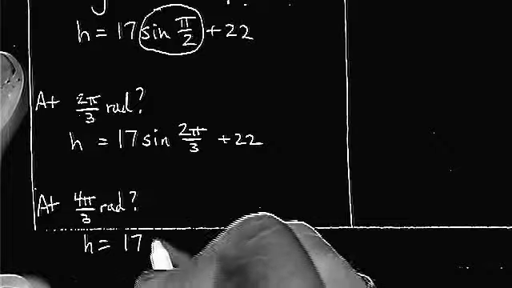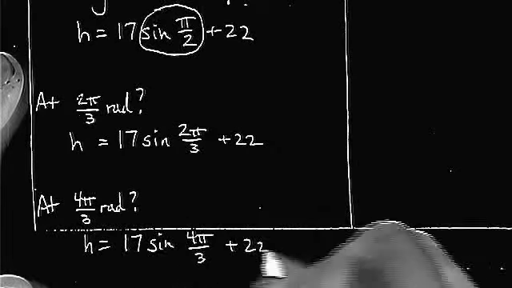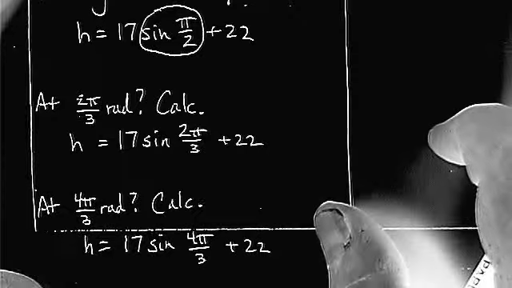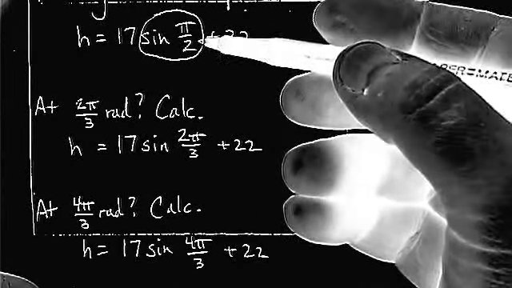At 4 pi over 3. Now these, I will tell you this, you need a calculator for these two. You will right now. Now later I will ask you to do it without a calculator. Alright, but for today, we'll use a calculator. This one, however, up here, you should actually know without a calculator at all.